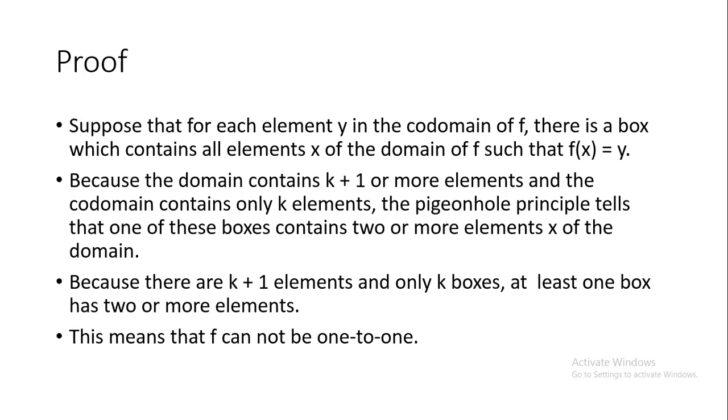So there is no one-to-one correspondence, the condition of one-to-one is not satisfied, which means f cannot be one-to-one. In this way our corollary of the pigeonhole principle is proved.